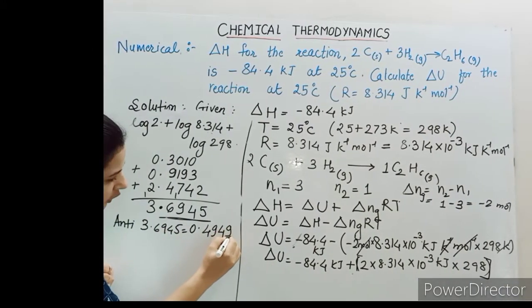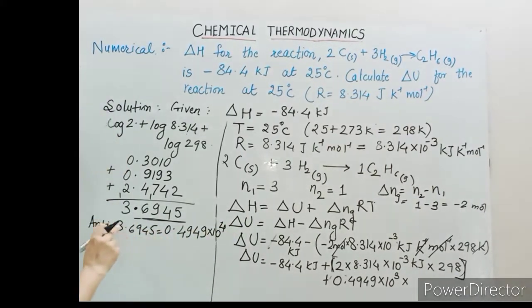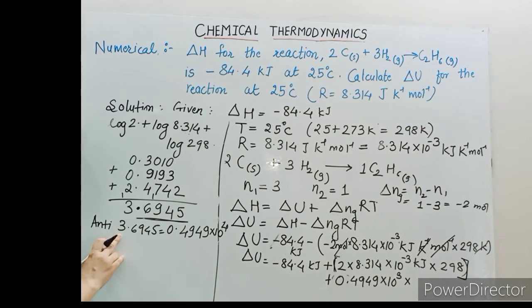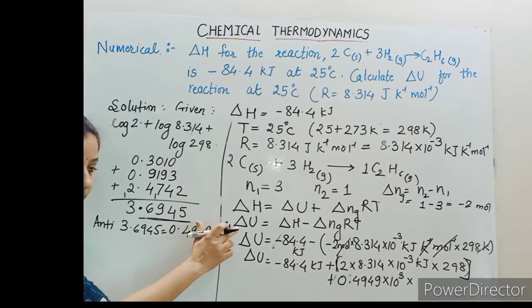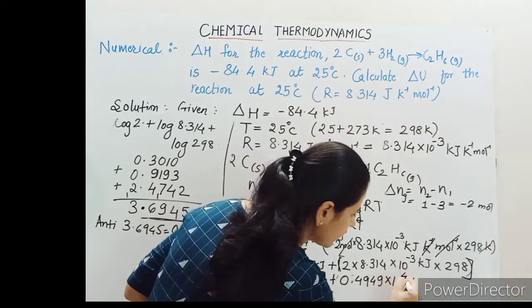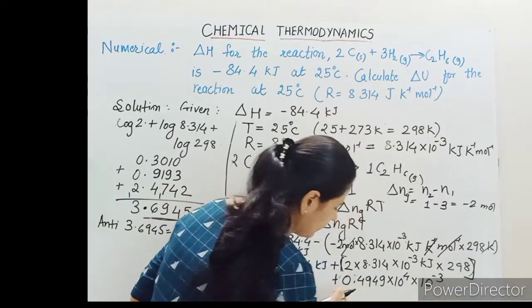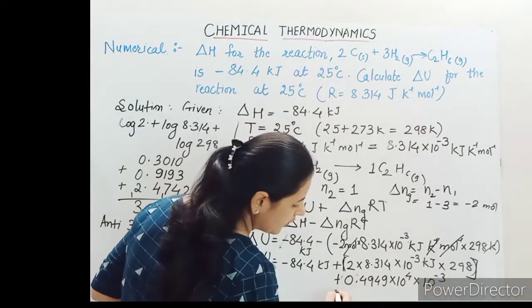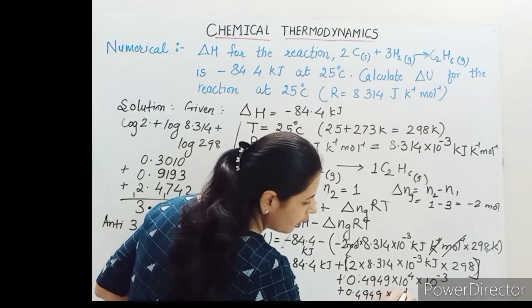Now, since while finding the log we subtracted 1, when finding the antilog we add 1. So this will become 0.4949 into 10 raised to the power 4, into 10 raised to the power minus 3. The power 4 and minus 3 combine to give 10 raised to the power 1.